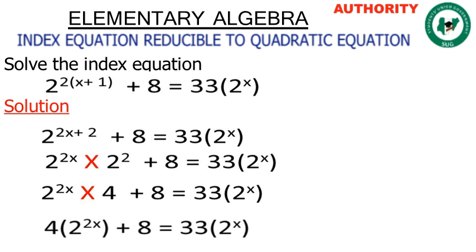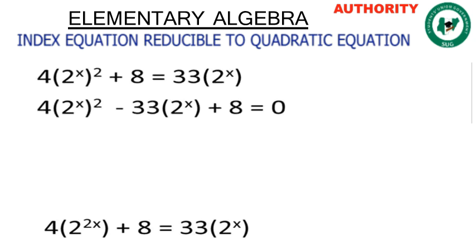Okay? Now, this first term, let's see what we can do next again. We can also write it as 4(2 raised to power x) raised to power 2, plus 8 is equal to 33(2 raised to power x). Hope you are clear at this level, right?